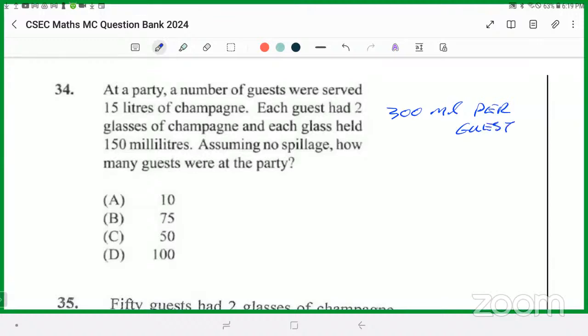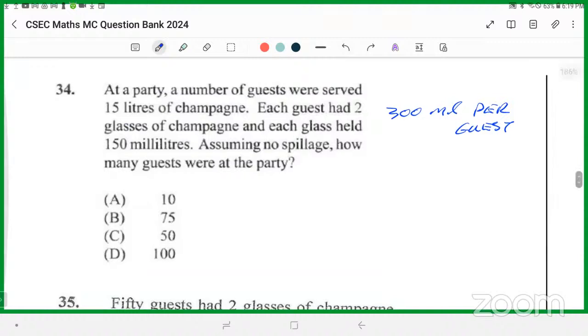And they say, assuming no spillage, how many guests were there? This is the total amount served, and each guest got this. So all we need to do to get the number of guests is divide the total amount served by the amount that each guest got. We can't work in milliliters and liters at the same time.